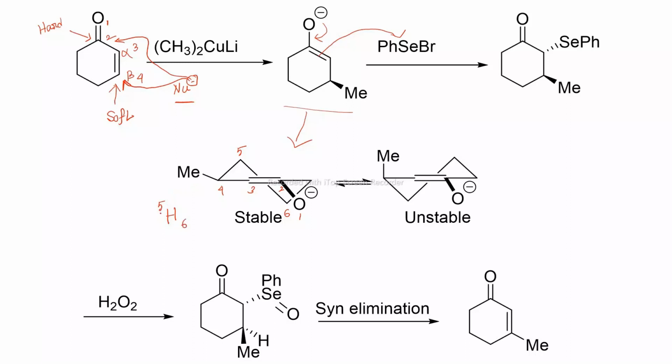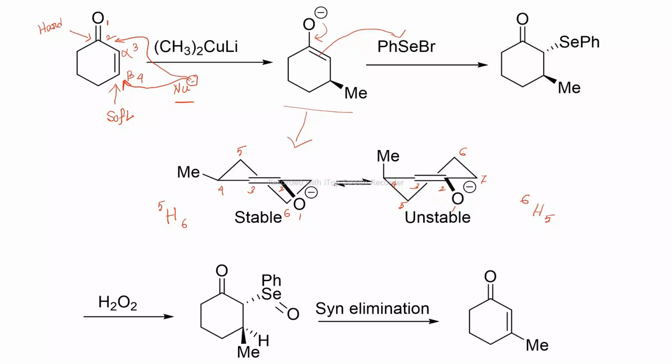That's what we call 5H6. And if we number like this from this oxygen: 1, 2, 3, 4, 5, 6, 7.